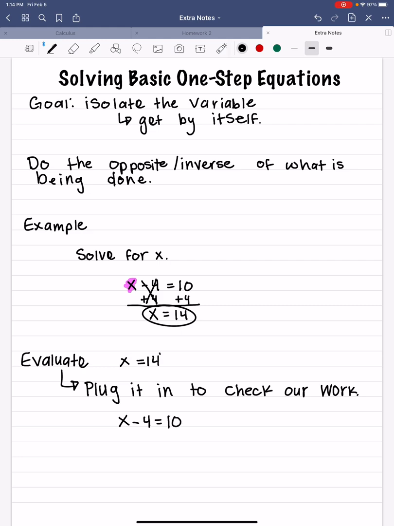Well, now we found that x equals 14. So we're going to plug 14 in for that x. So when we rewrite that, we have 14 minus 4 equals 10. Now 14 minus 4 is 10. 10 equals 10. And those are equal to each other. That's true. So we are correct. So we solved for x and we evaluated.